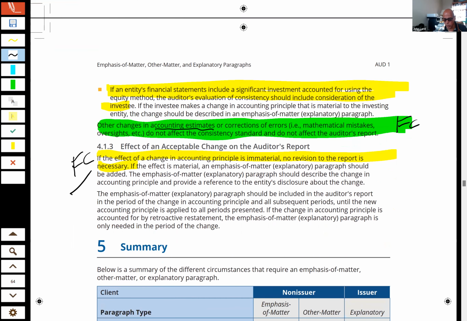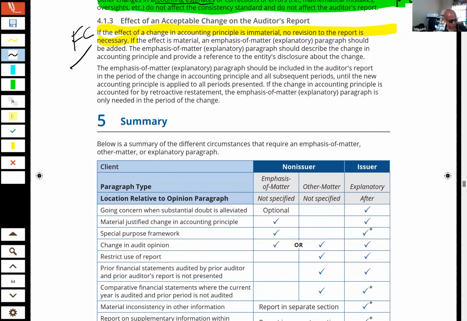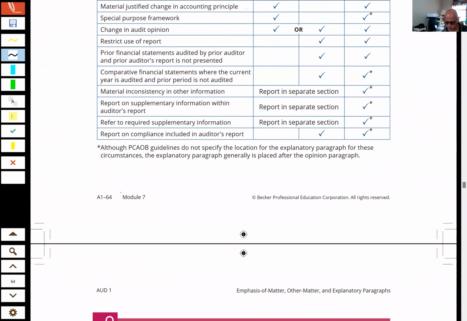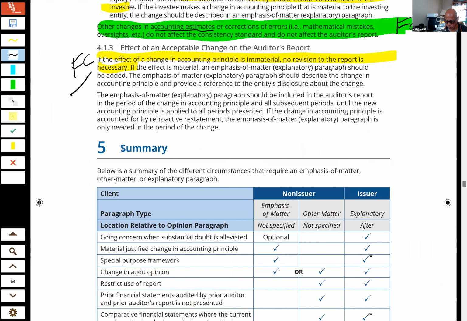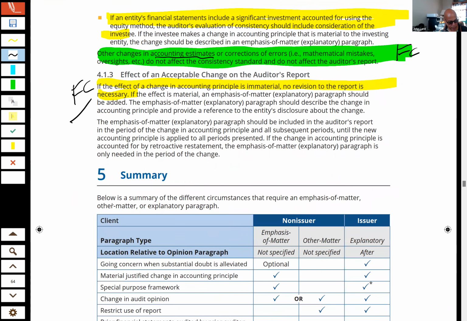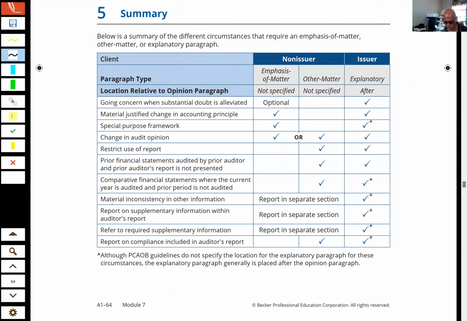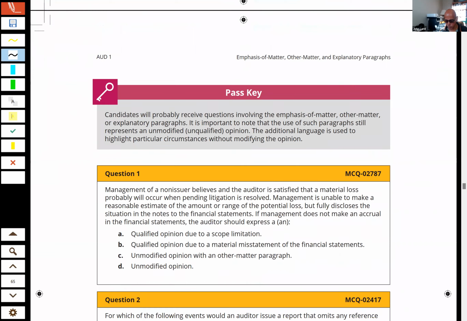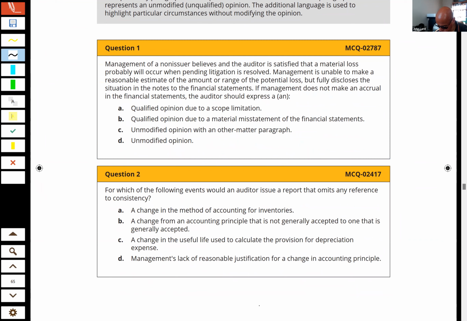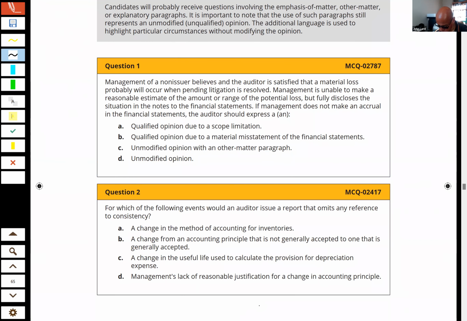Okay, good. They give us a summary, but I think we flashcarded the key effects there, things that we want to understand. And we can go ahead and take a look at a couple of multiple choice questions. Okay, there we go.